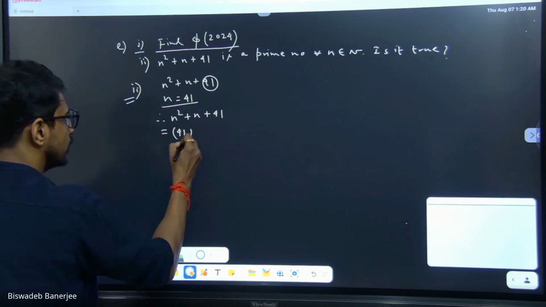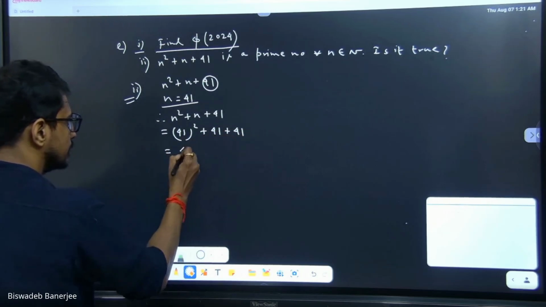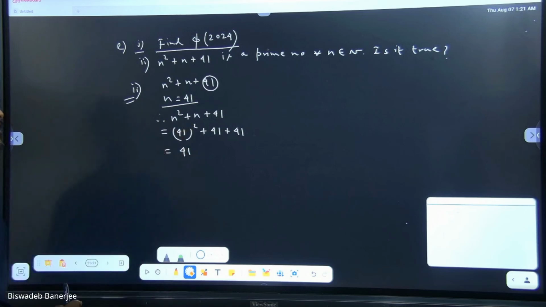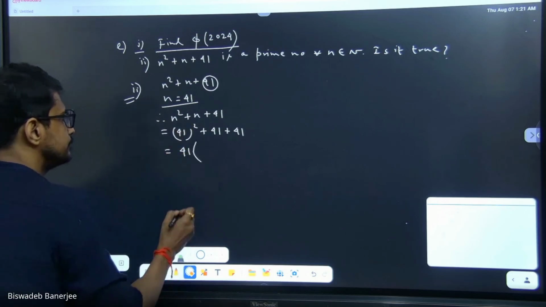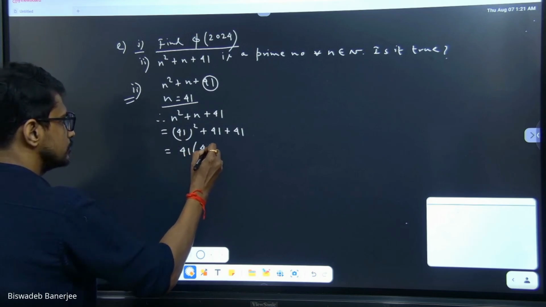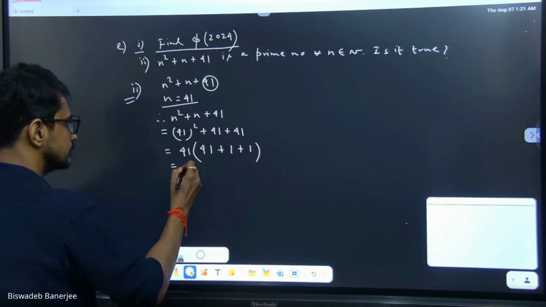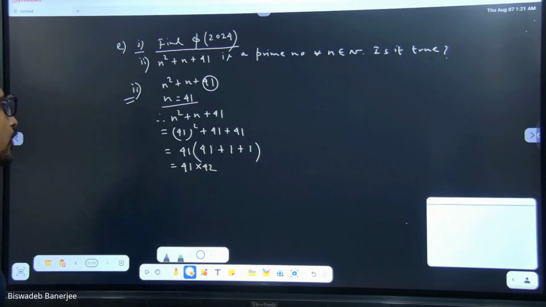Therefore, my expression becomes what? Put n equal to 41: 41 square plus 41 plus 41. Now take 41 common, which is 41 into 42.